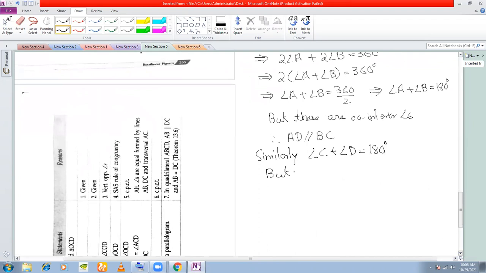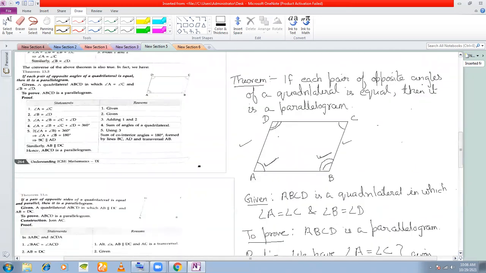But these are also co-interior angles. So similarly it can be shown that the sum of these two is 180 degrees. So therefore, what can you say? Therefore, you can say AB is also parallel to CD.